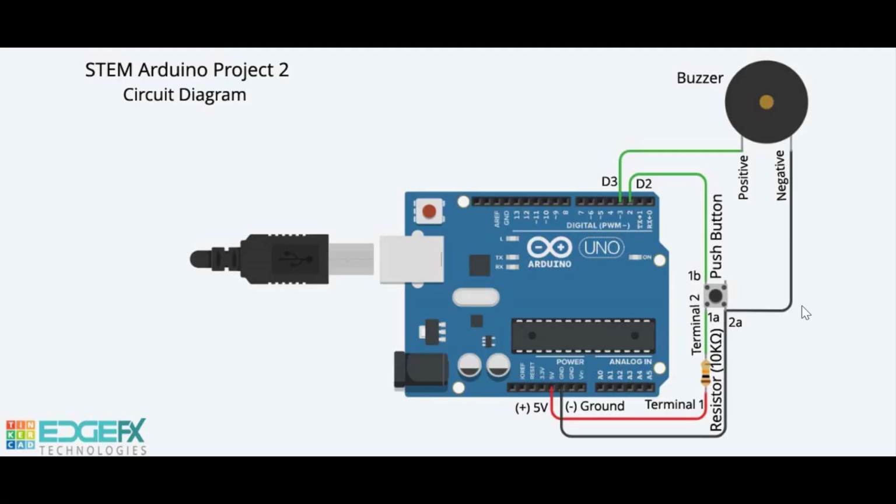Circuit explanation. One terminal of the push button is connected to the Arduino Nano D2 pin, which acts as an input pin, and as per the program, the pin is pulled high, meaning connected, to the plus 5-volt power supply with a 10K resistor, and the other end is connected to the ground.